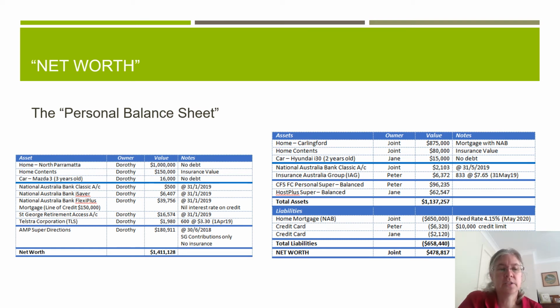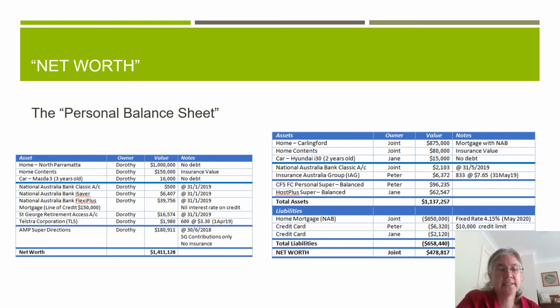Dorothy's got this home in North Parramatta for $1 million, and there's a note here saying no debt, so there's no mortgage for this home. They've got home contents, $150,000, and there's a note saying that this came from the insurance. So that's the value recorded there. That gives us a guide for what the contents are worth, and the car.